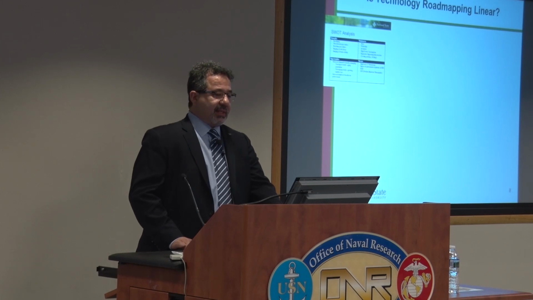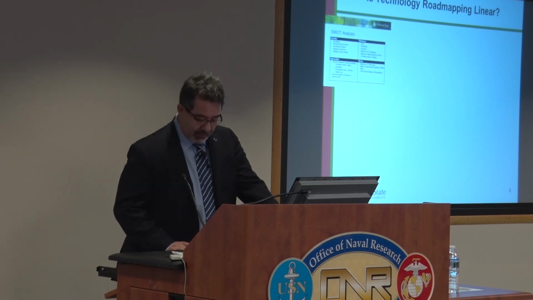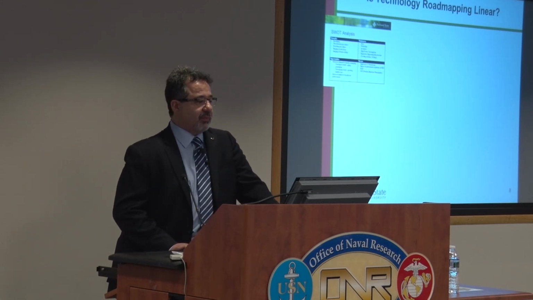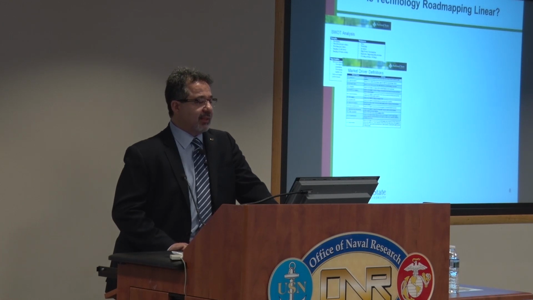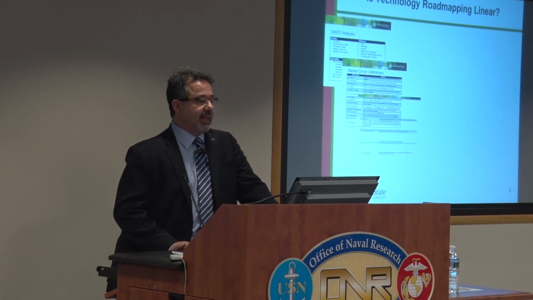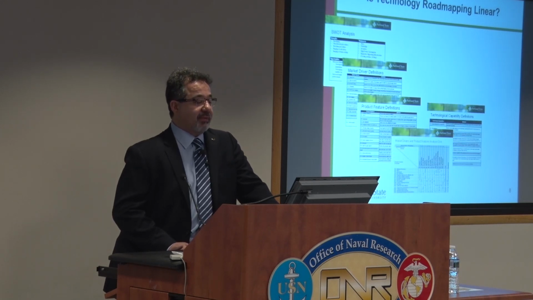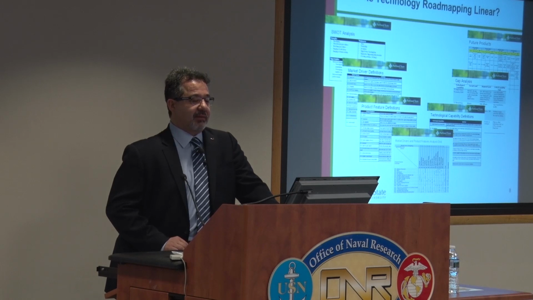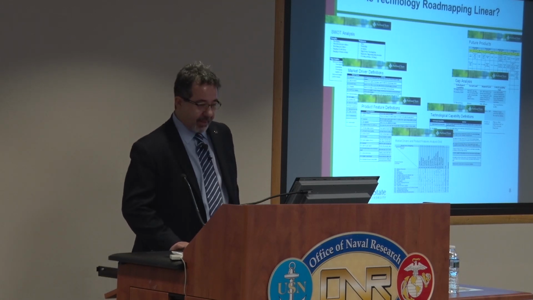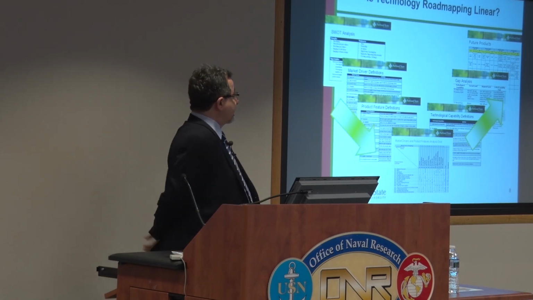Now, is technology road mapping linear? When you look at the literature, it starts with strategic analysis and then understanding what markets need, matching them with product features that you have, then finding gaps, then finding technologies to address those gaps, then finding technological gaps, and then finally coming up with a roadmap, right? However, it's not that linear.